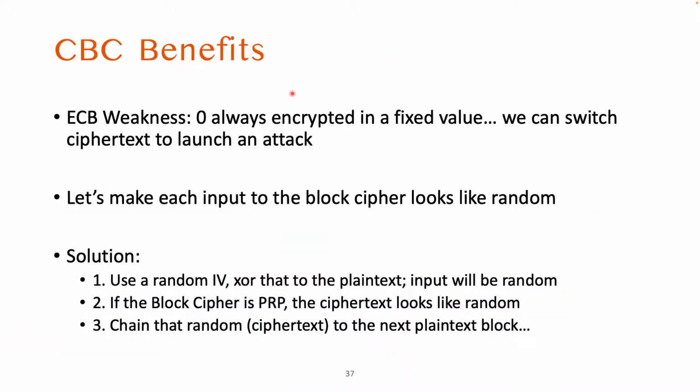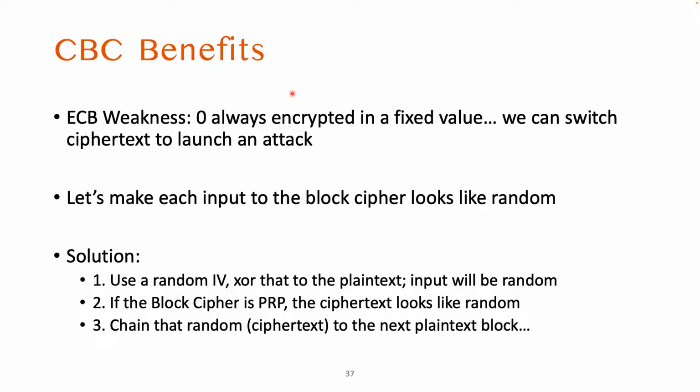So the benefit of CBC is this. One of the weaknesses of ECB was that 0 was encrypted into a fixed value and 1 was encrypted into a fixed value, so we could switch the ciphertext and reuse it. That was the biggest problem. So let's make each input to the block cipher look completely random. How can you make each input random? That's easy.